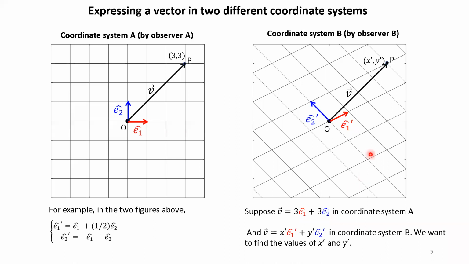Now, what about coordinate system B? V is expressed like this, but what are x prime and y prime? This is our goal. This is the coordinate transformation that we are trying to achieve here.